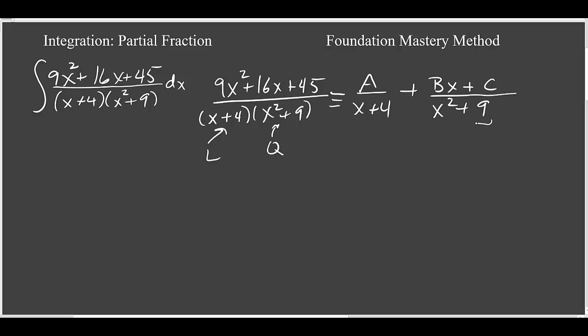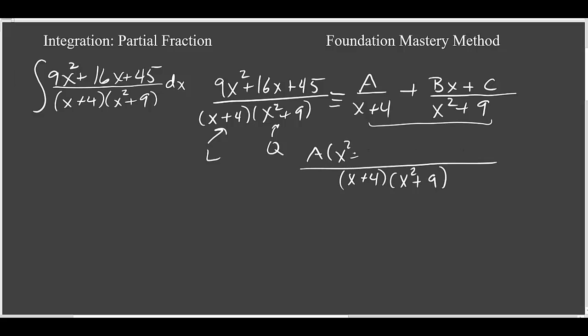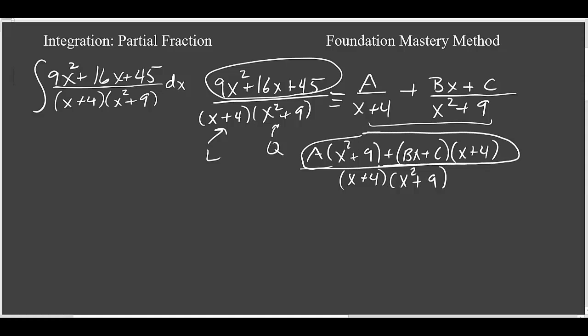Now if we put these two terms over a common denominator, which will be x plus 4 times x squared plus 9, the numerator will be a times x squared plus 9 plus the bx plus c times x plus 4. And now we have two expressions with the same denominator, so the numerators have to be equal.